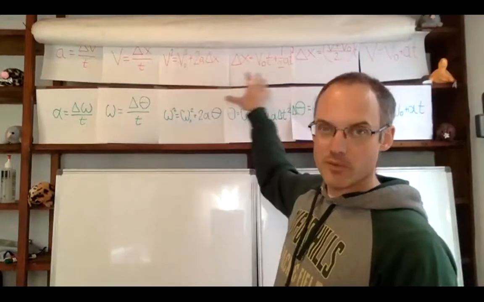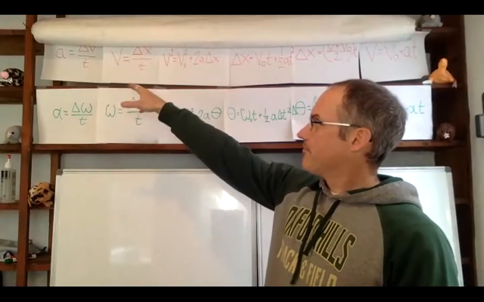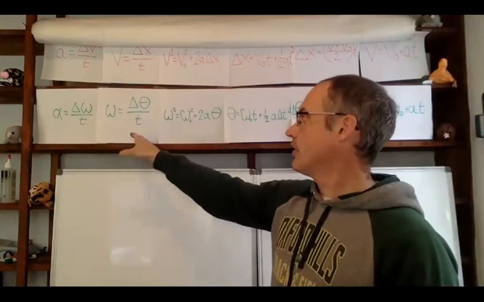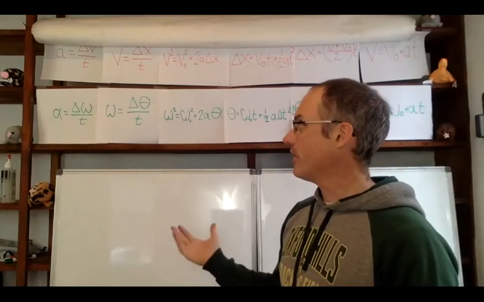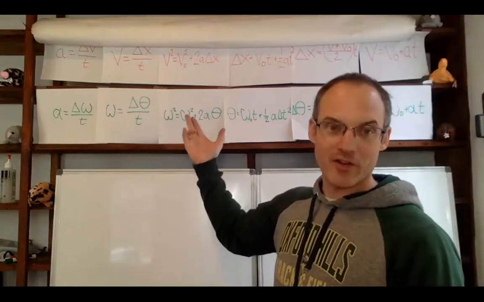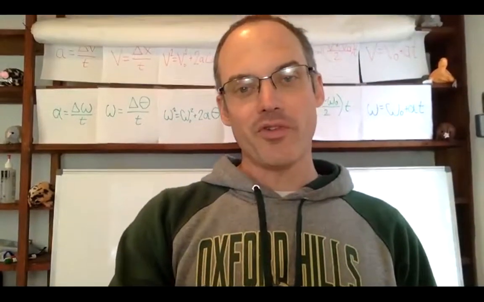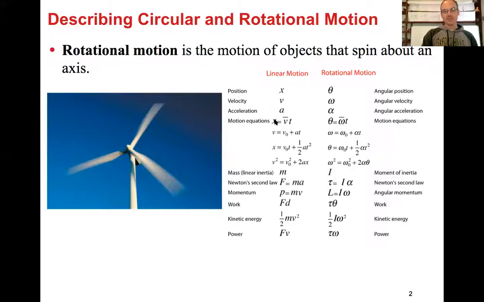You can see up here, I wrote the equations out for linear in red at the top, and then we have rotational in green here below. So they are related in that they are the same, they just have different variables and amounts that go together.